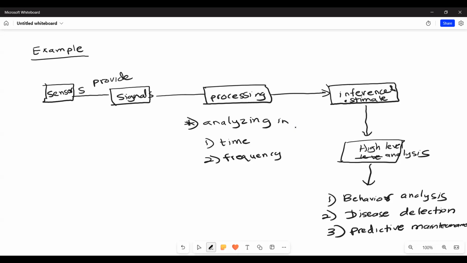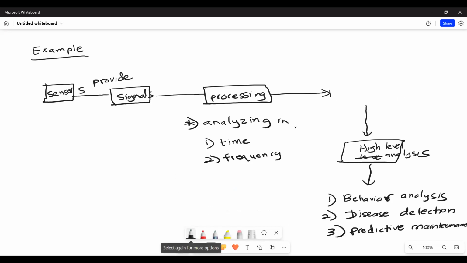Here, I'm mentioning inference and estimation. Before the high level analysis, we are going to do the inference and estimation process. In there, we are going to estimate our signal. We are going to use estimation methods.